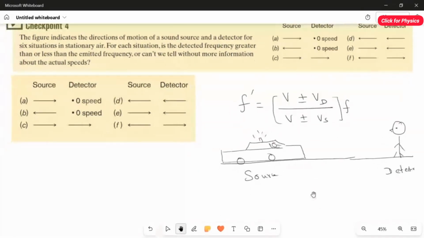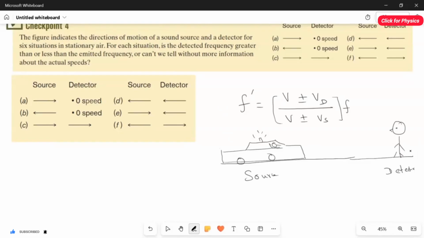When the police car emits sound, it emits with some frequency. If the police car is coming towards the detector, the observer, what frequency will he hear? Or if the police car is going away from the detector, what frequency will he hear? Based on this information, we have to answer for these 6 situations.